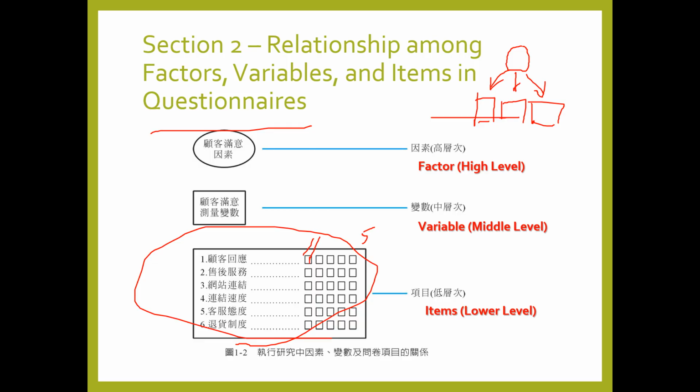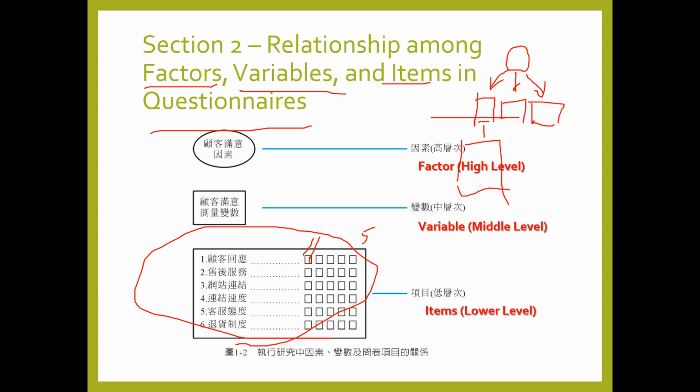But right now, just remember factors, variables in the middle, and items. Items means a lot of questions. Actually, each variable has the items right here. Say this one has 6 items, but normally people use 3 items.